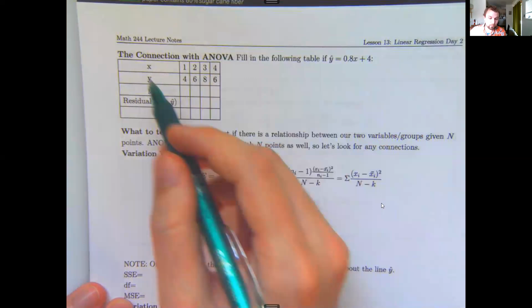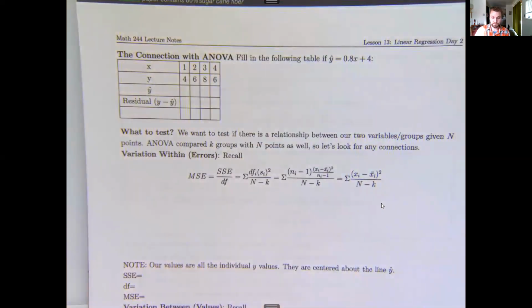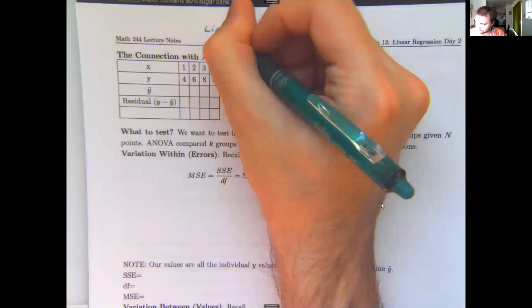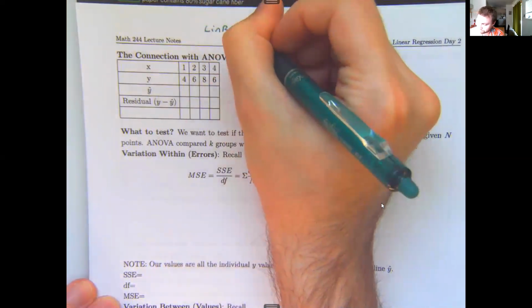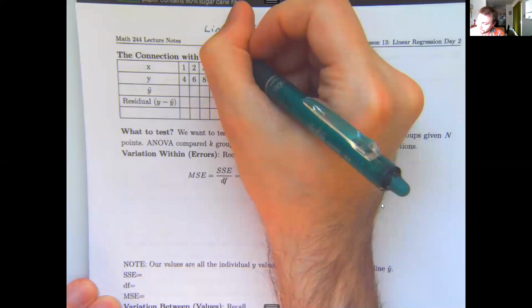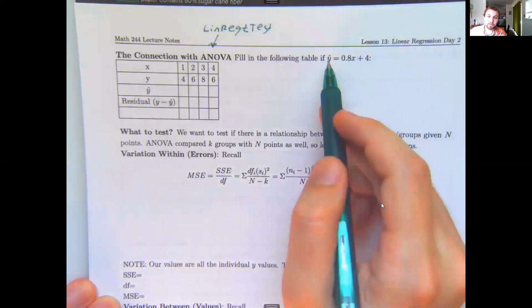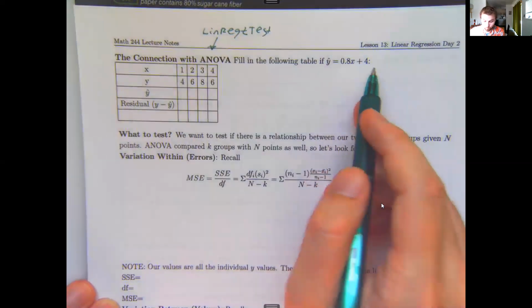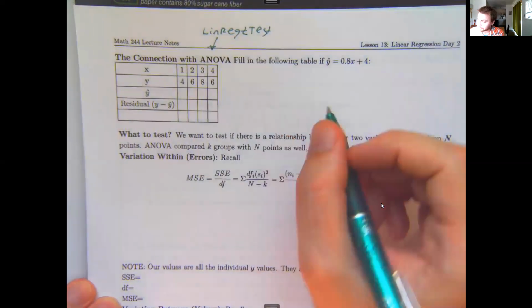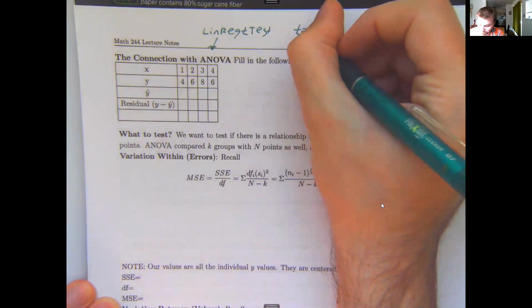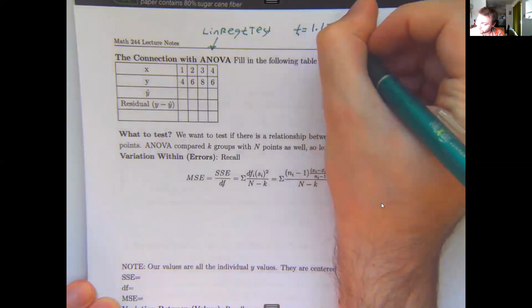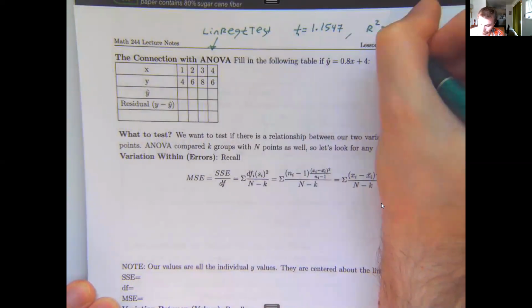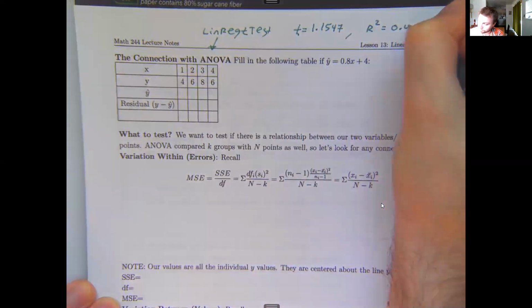If you were to use this data set, and if you did something like a linear regression t-test on it, you would end up with the line of best fit of y hat equals 0.8x plus 4. Other information that you would end up with, you would have a t-score of 1.1547. You would end up with an r squared of 0.4.